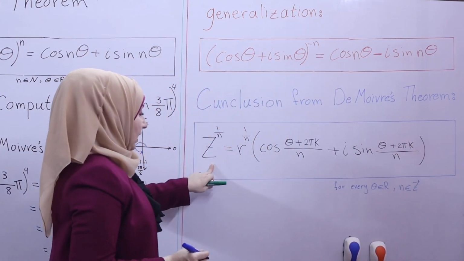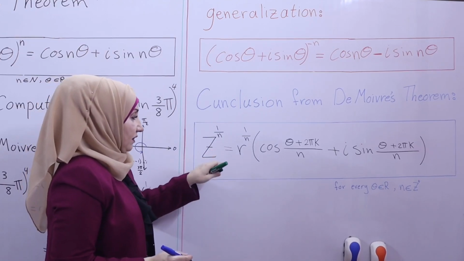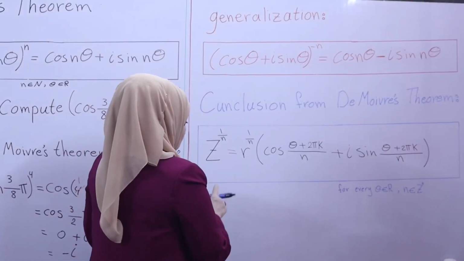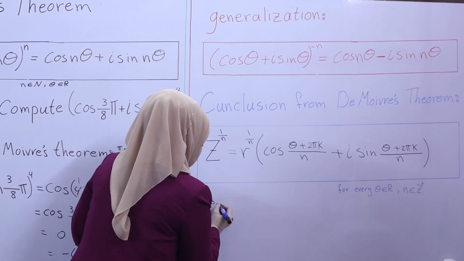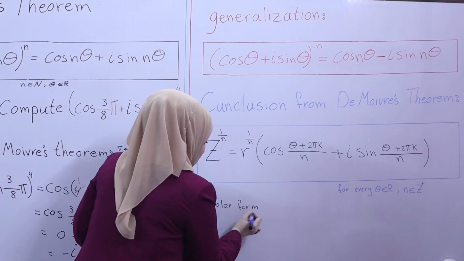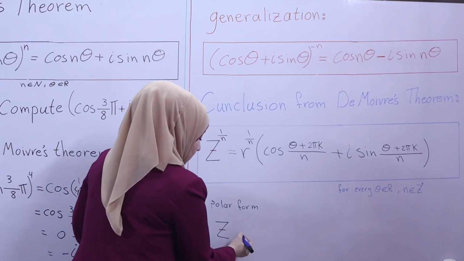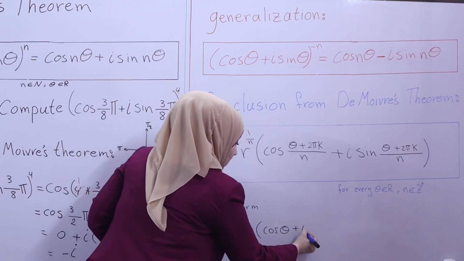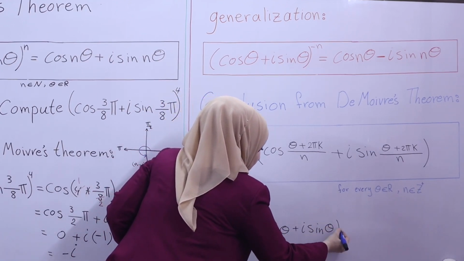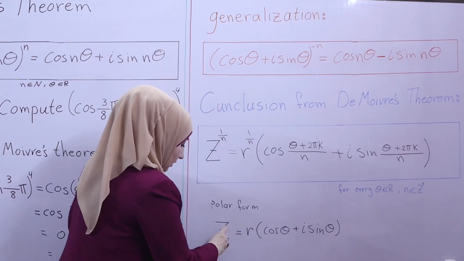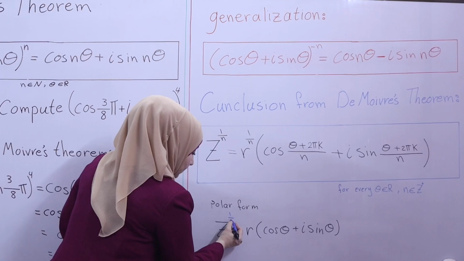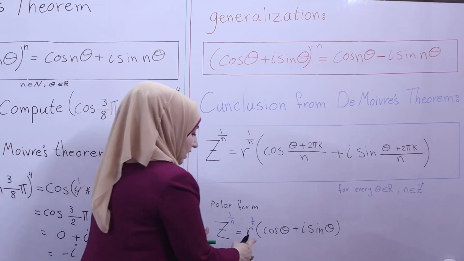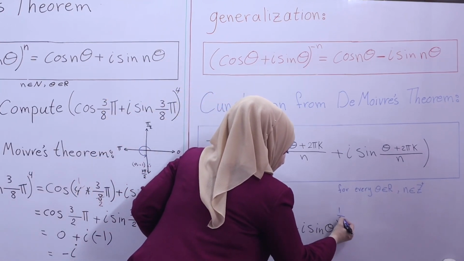If we have a complex number in the polar form يعني عدد مركب بالصيغة القطبية. نعرف شنو هي الصيغة القطبية مو تمام؟ The polar form of the complex number z is r cosine theta plus I sine theta. If we raise the number z to the power 1 on n, we will raise r to the power 1 on n, and we raise also this expression to the power 1 on n.